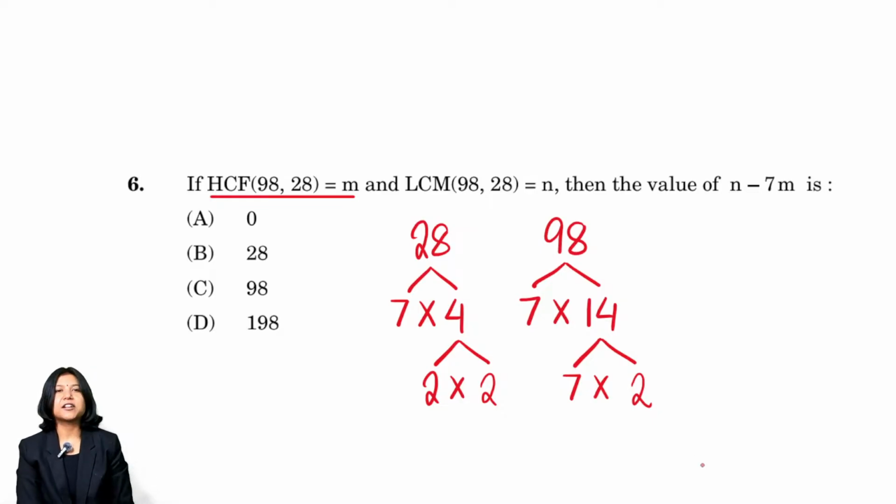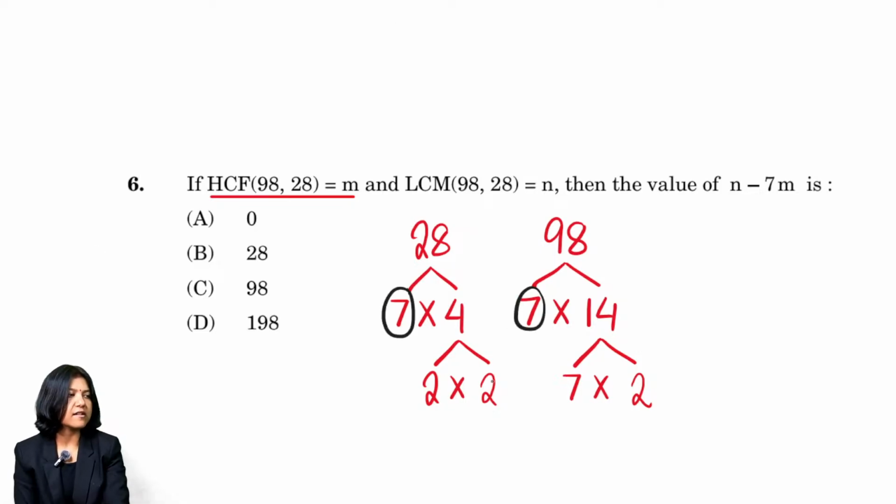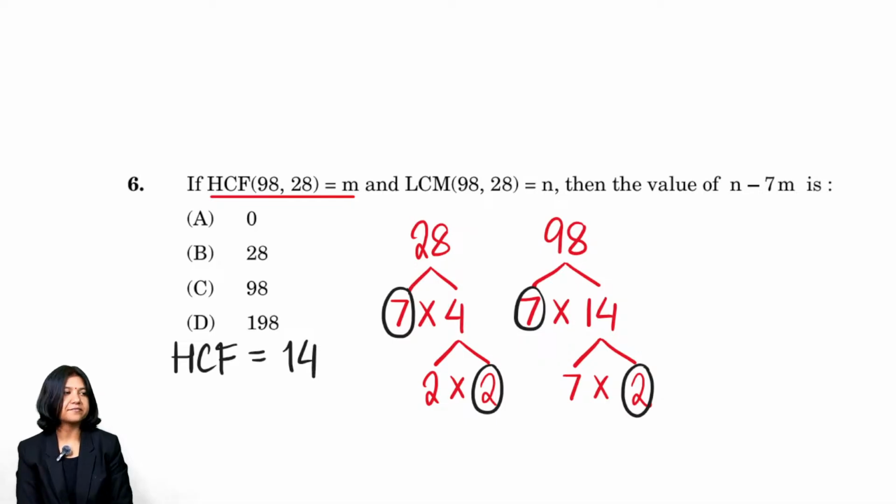If I collect the common terms, it will be one of the 7s and one of the 2s. So the HCF will clearly be 7 times 2, the common factors multiplied together, which gives me 14. This is the value of M.